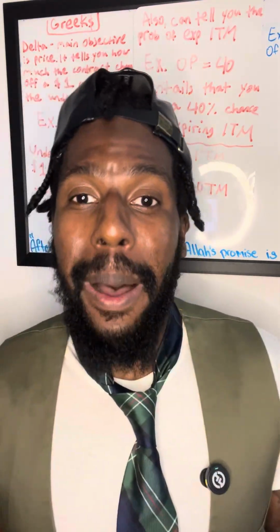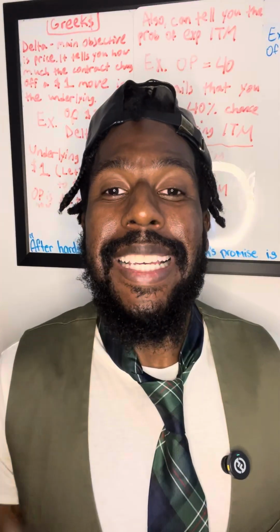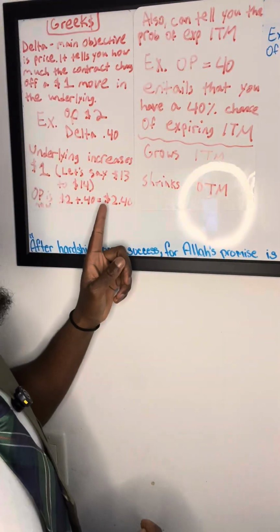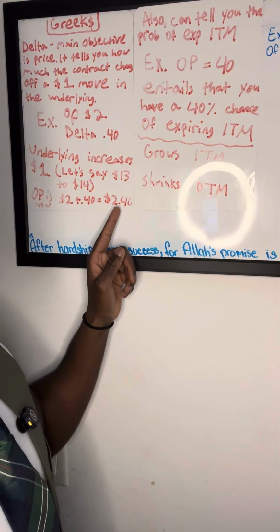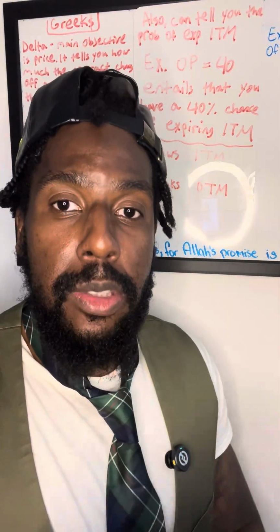Now, when you speak about gamma, all gamma is, they're cousins, right? Gamma determines the delta's expected rate of change. So in this particular instance, we had $2.40 as the new options premium, right? Due to the delta moving.